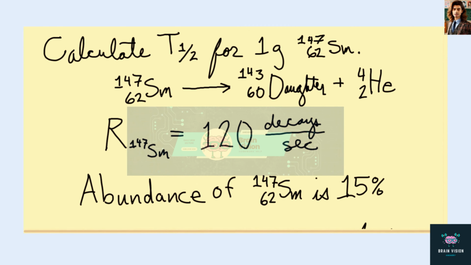In this problem, we're asked to calculate the half-life for 1 gram of samarium-147 isotope that undergoes alpha decay. I wrote out the reaction here.